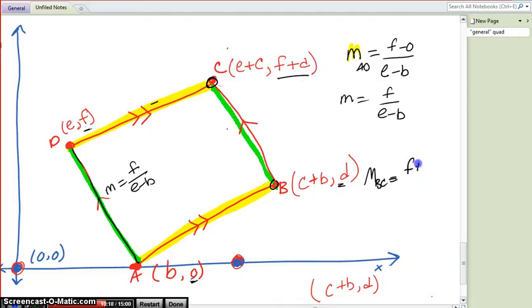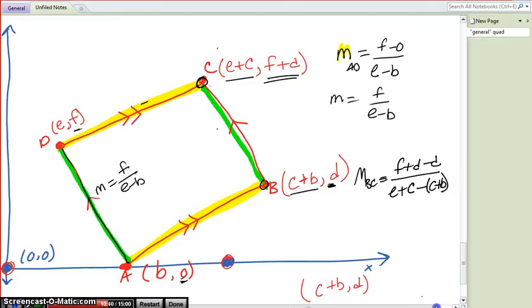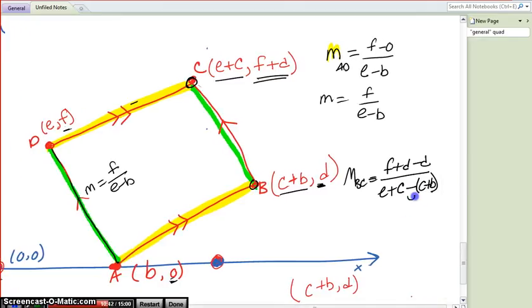So F plus D minus D, divided by E plus C minus the quantity C plus B. I put parentheses around it because it's a binomial and we're going to need to distribute the subtraction.